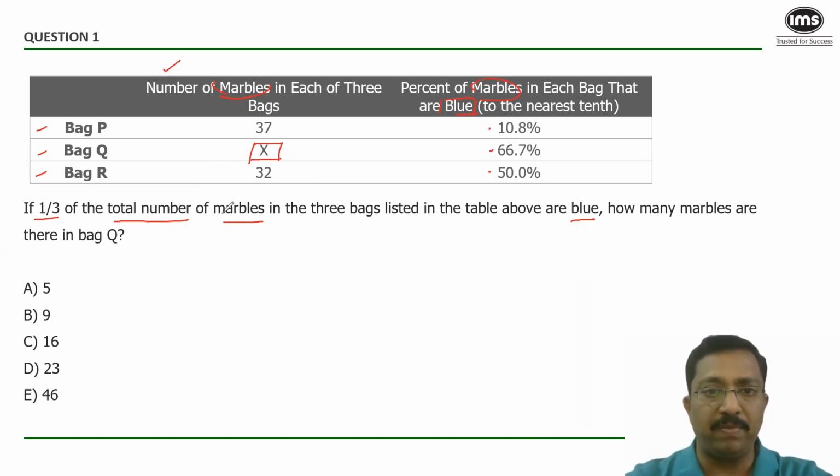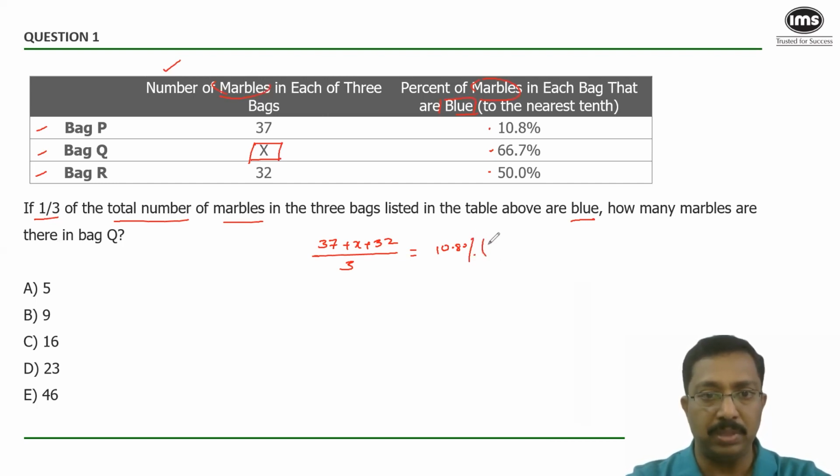So going by this information, one would certainly start working out an equation: 37 plus x plus 32 divided by 3, which is the number of marbles which are blue, equating it to the percentages listed in the other column, which stands to be the number of blue marbles in each of the bags.